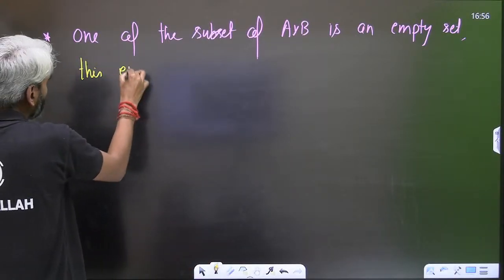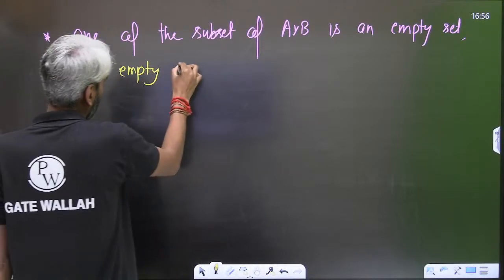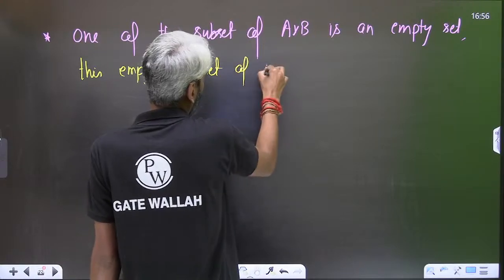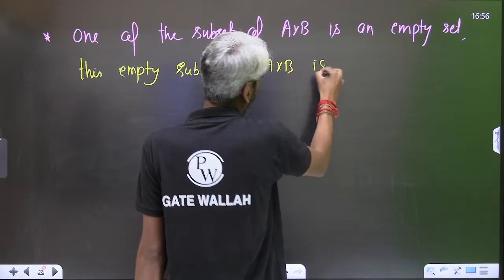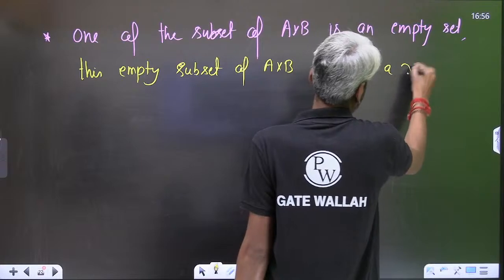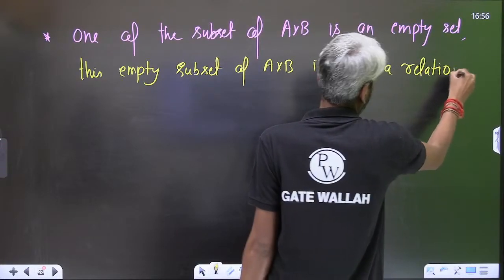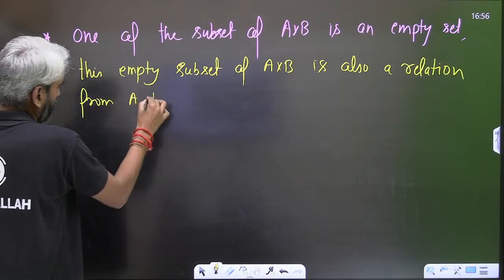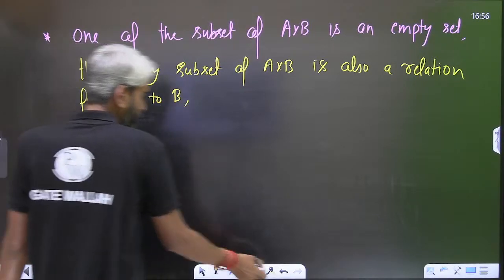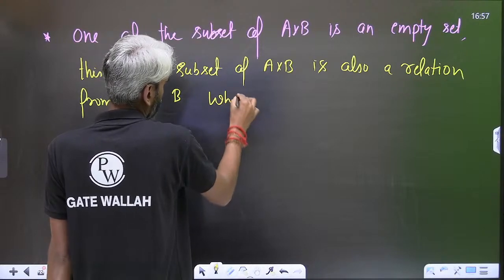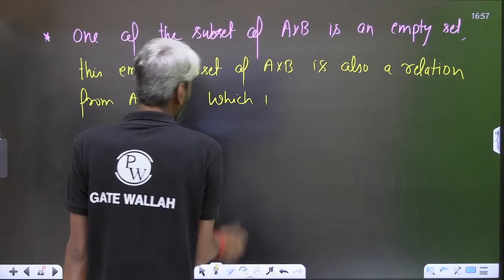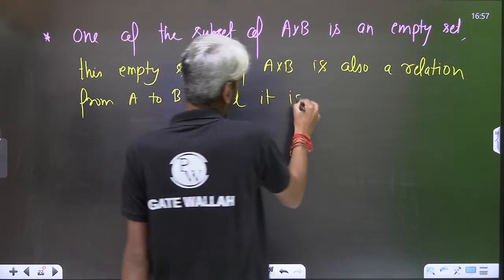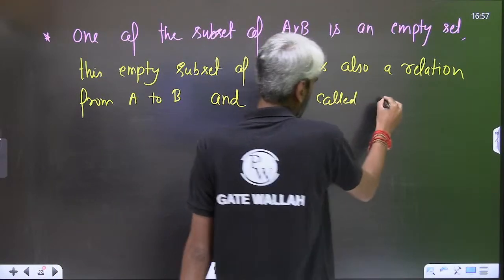This empty subset of A cross B is also a relation from A to B. This is called the empty relation from A to B.